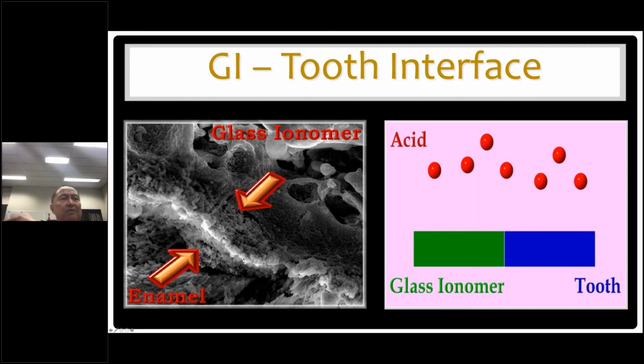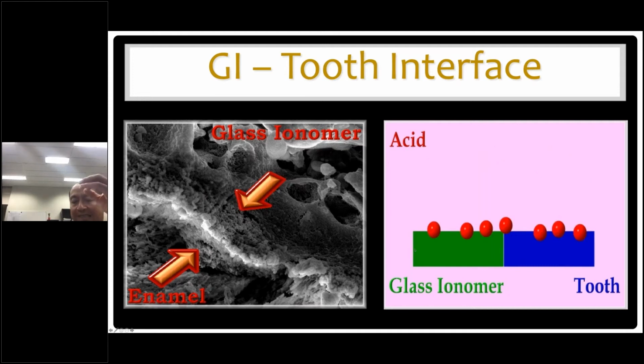In order to understand the implication of this, I'm going to use a diagram to explain how we get to achieve this picture. The green is glass ionomer cement, and we restore the tooth with glass ionomer cement. I section it, I polish it. Then I gently apply phosphoric acid for 1 second.